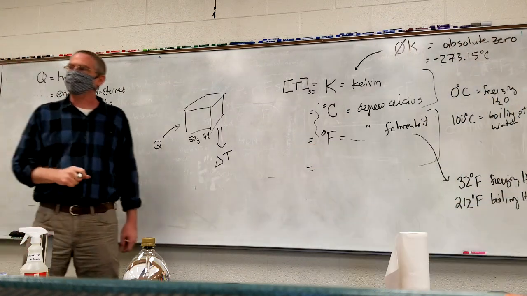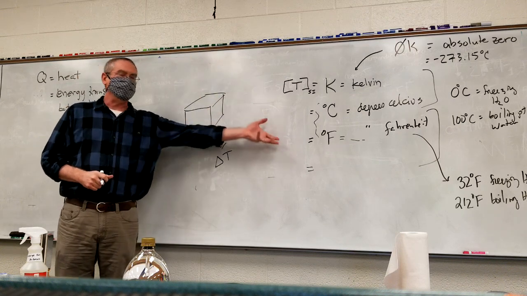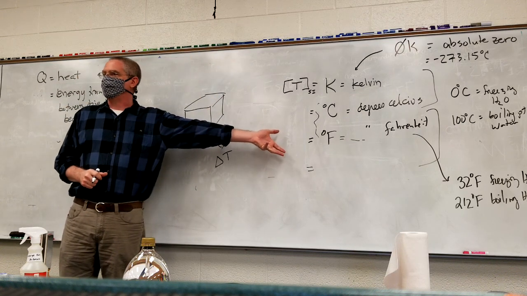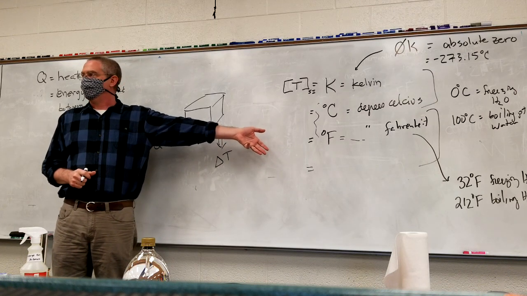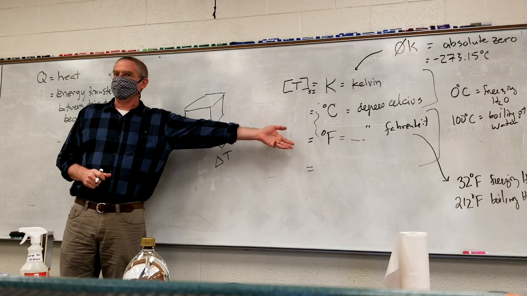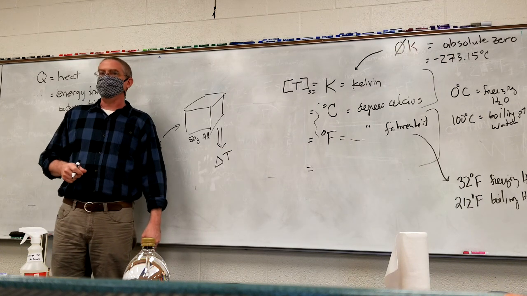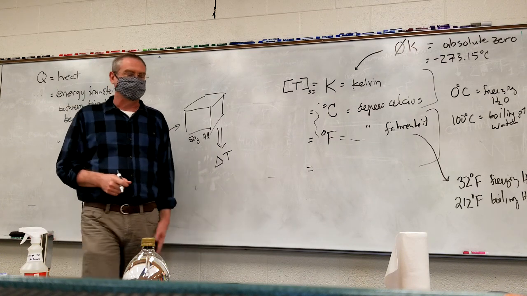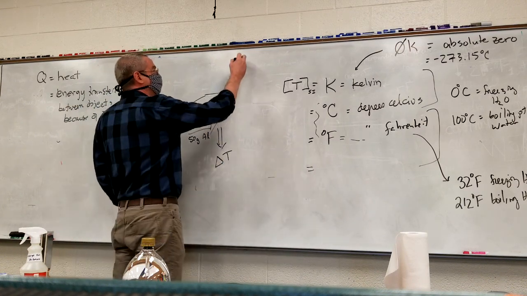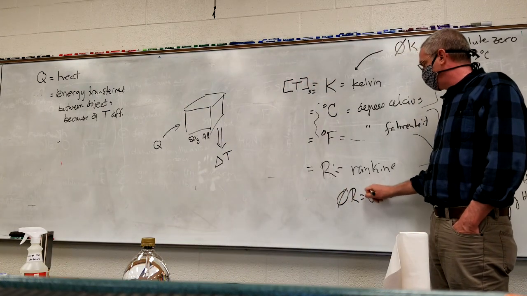So keeping vague memories of this person alive, or this unit alive, anyone happen to know what absolute zero is, or the scale where 0 of it is absolute zero, given our unit system? I feel bad for the guy. Yeah, we're going to name a unit after you, but no one's ever going to use it. Rankine, capital R. So 0 Rankine is absolute, the same as 0 Kelvin.